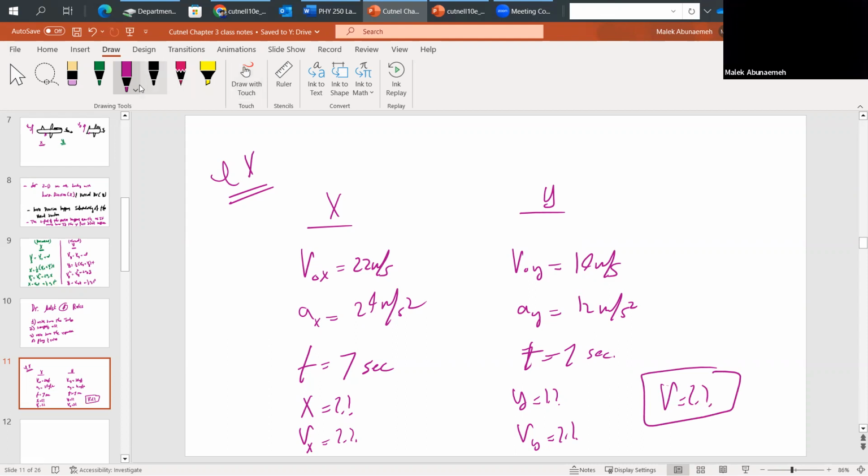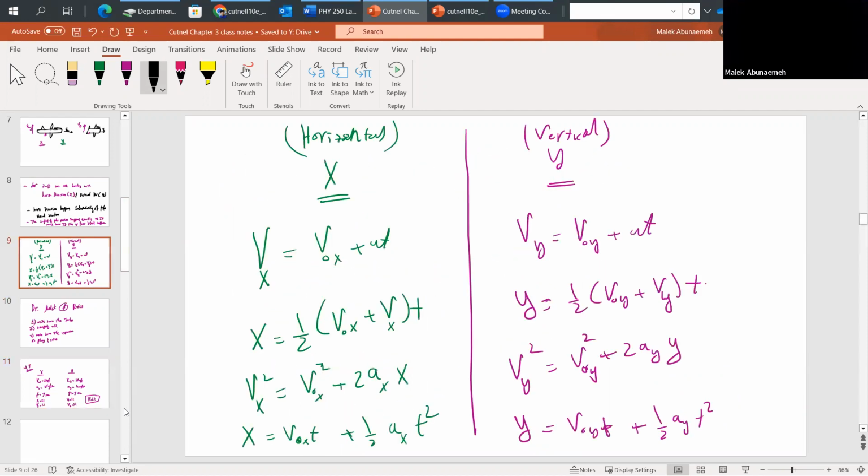So in the first one, we're looking for your x. What we do not have is your final velocity. So looking at our equations, we're looking for the x, but we do not have the final velocity. That means this one has final velocity, so we cannot use it. This has final velocity, so we cannot use it. This one does not have final velocity, so we can use this equation over here.